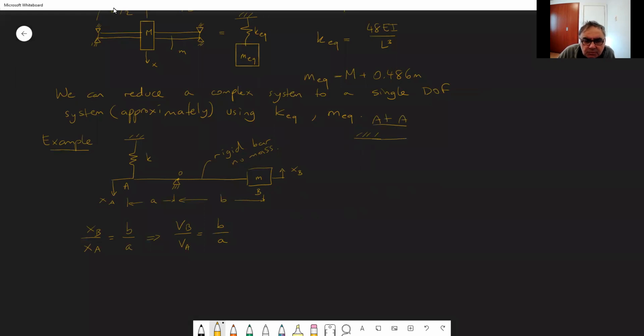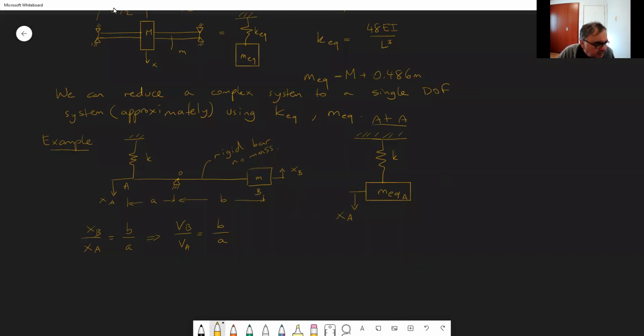So, if you want to model things at A completely, at A you have a spring K, that is the same spring. There will be an equivalent mass here. And this will be XA, mass equivalent at A, let's say.